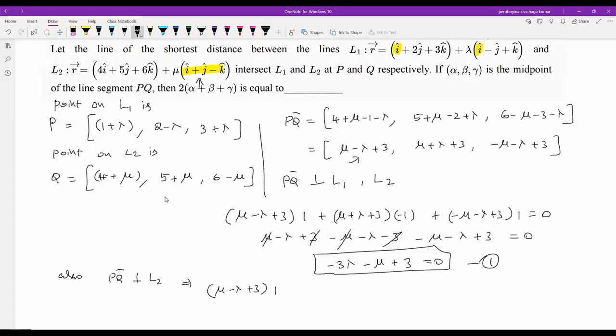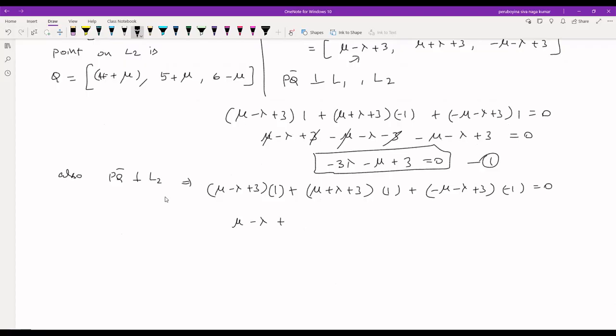So plus mu plus lambda plus 3 into 1, and minus mu minus lambda plus 3 into minus 1, it should be 0.